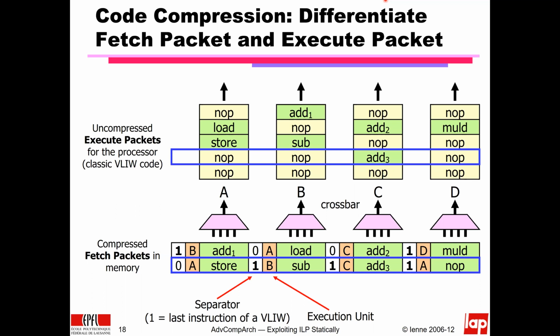It's just an example, but it gives you a sense of the kind of things that one could do. It starts from here, right? And it says, well, what we have to do is an add one instruction in lane B, in the second column, in the second functional unit.